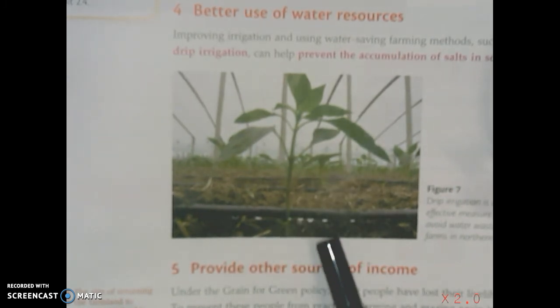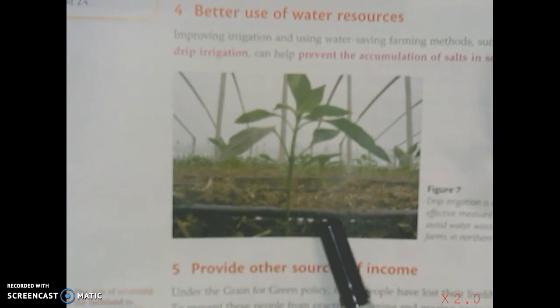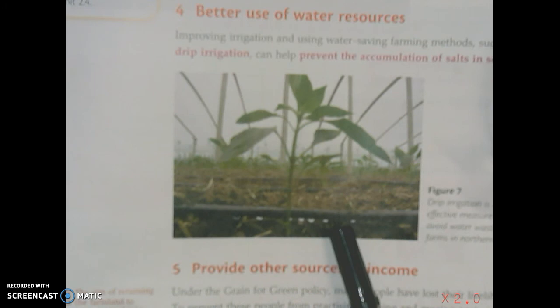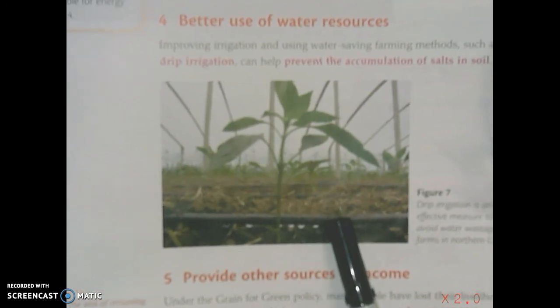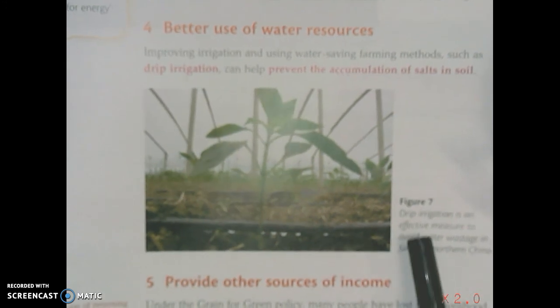On the other hand, if the farmer wants to kill some of the pests, maybe he or she can dissolve some chemicals such as pesticides beforehand, so that the plant can grow without any attack by insects. So this is one way that we call better use of water resources. There will be no wastage of resources.